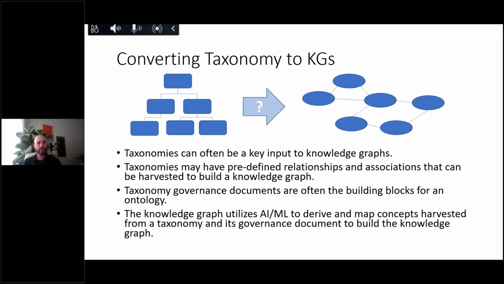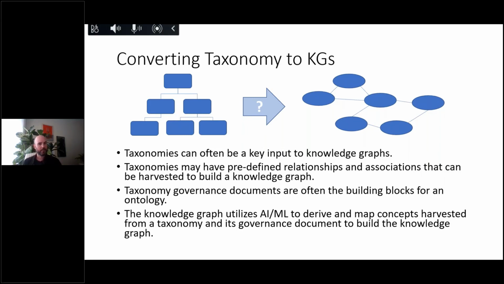As I mentioned, taxonomies can be a key input into a knowledge graph. They have these hierarchical relationships and associations which can be harvested. When you're building a taxonomy, you're often building governance documents. Those can be reutilized in creating a formalized ontology.